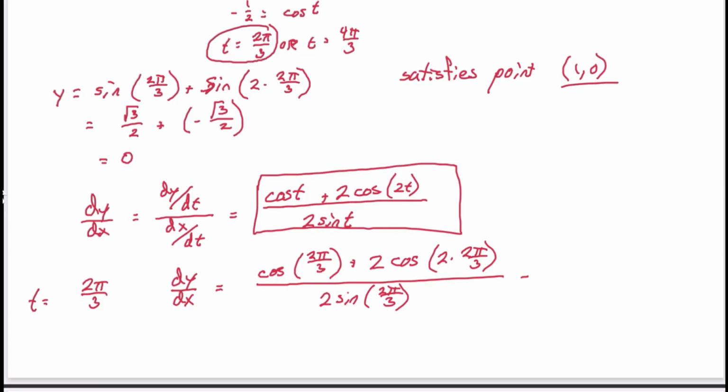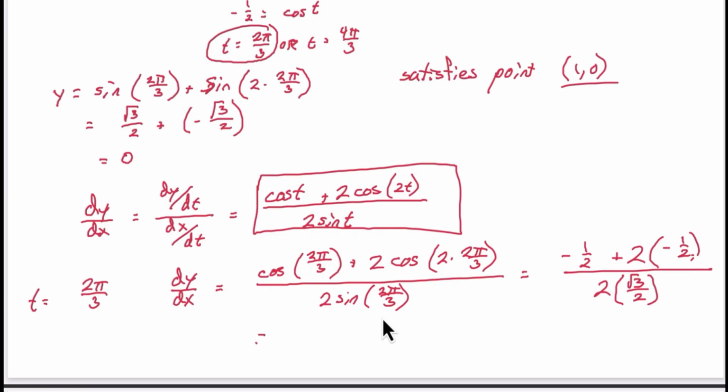Lots of practice with the unit circle here. So cosine of 2 pi thirds, that is negative 1/2, plus 2 times cosine of 4 pi thirds. That would give us negative 1/2, all divided by 2 times the sine of 2 pi thirds. That is root 3 divided by 2.